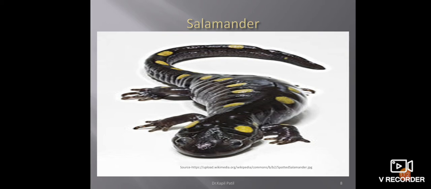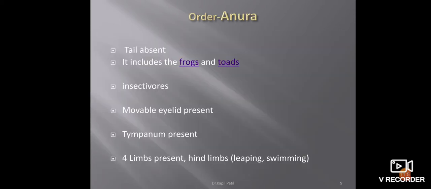I repeat again: order Urodela shows the concept of neoteny, meaning gonads mature at the larval stage, sexually mature at the juvenile stage. It breeds like a mature one. These are the information concerned with salamanders, order Urodela.